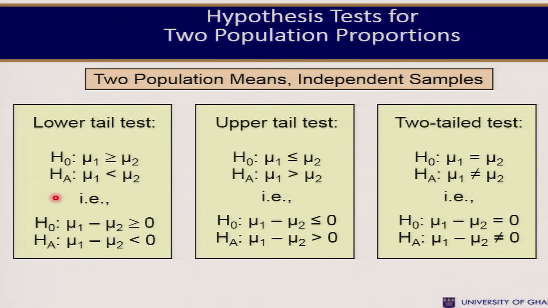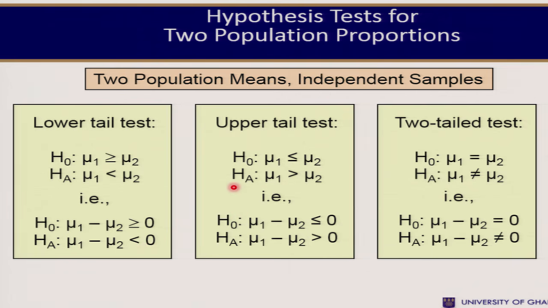The alternate hypothesis will be formulated in this way, that mu1 is now less than mu2. In other words, we can say that mu1 minus mu2 is greater than or equal to 0 for the null hypothesis, or mu1 minus mu2 is less than 0 for the alternate hypothesis.